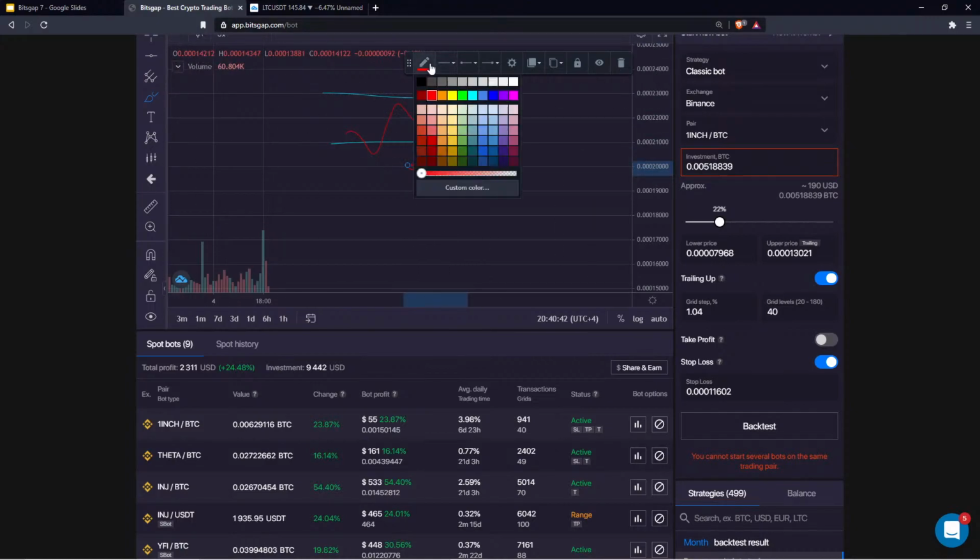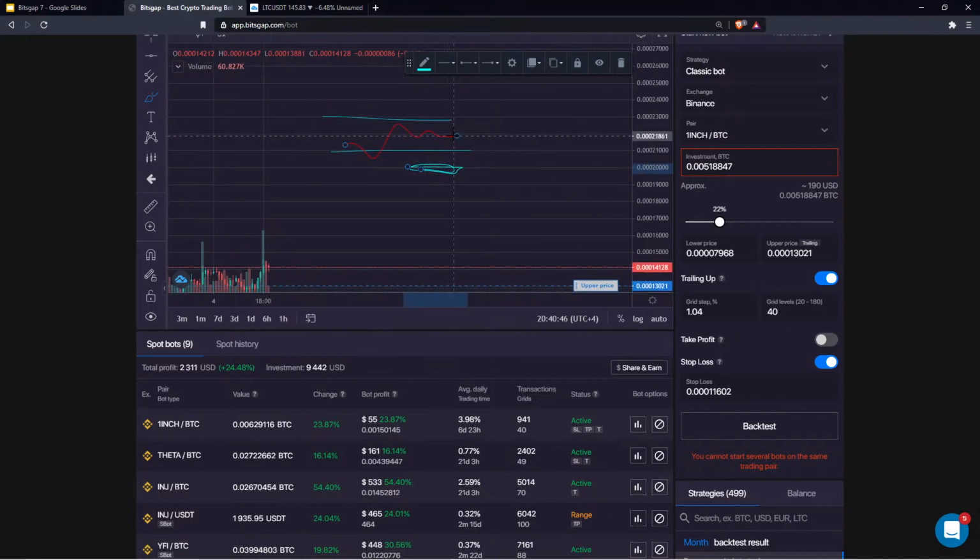Now as the price goes higher, so does your trading range, and the stop loss will follow the trading range. So it goes together with the lower and upper prices. The stop loss just goes higher with the trading range.